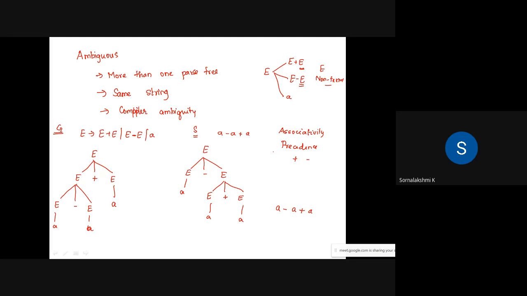Plus and minus, same precedence, or does one have higher precedence than the other? Yes, same. Plus and minus have the same precedence, so I don't have any confusion with precedence. When you have a plus and an asterisk, which one has higher precedence? Asterisk, good. Now I don't have any confusion with precedence because both operators have the same precedence. But let me come to associativity.